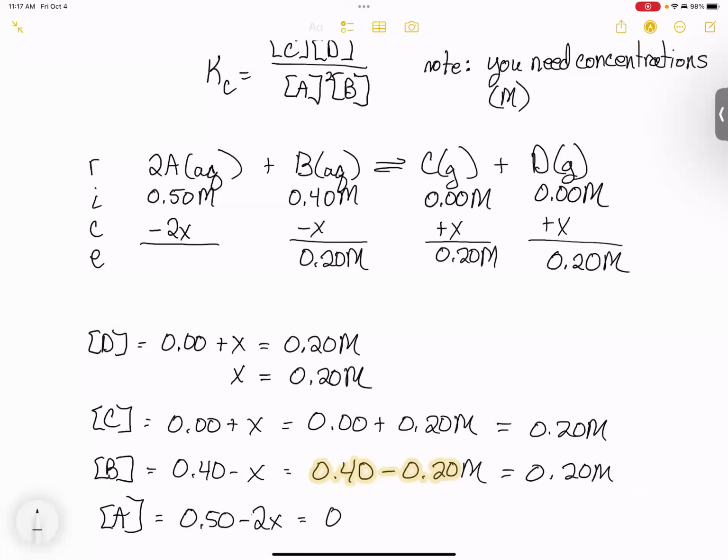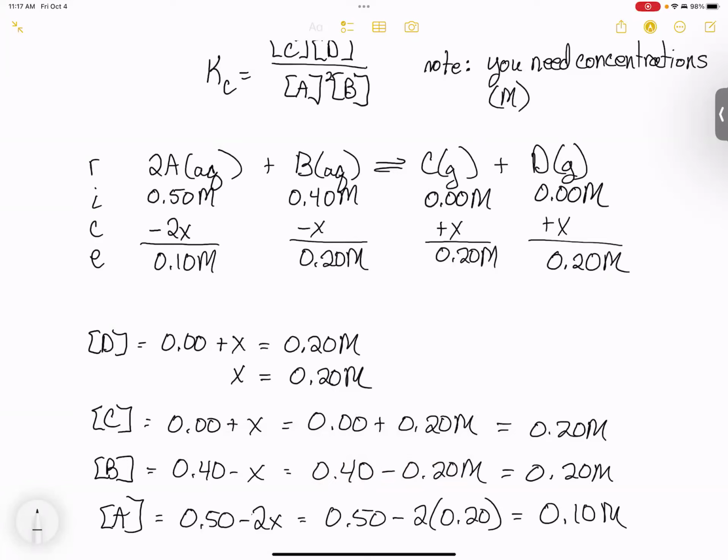So that's 0.50 minus 2 times 0.20, or in other words, it's 0.10 molar. Any questions about how I got the concentrations at equilibrium?